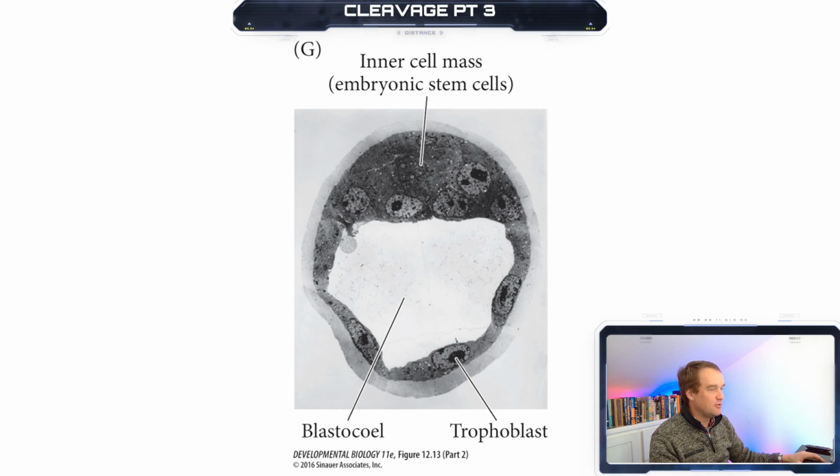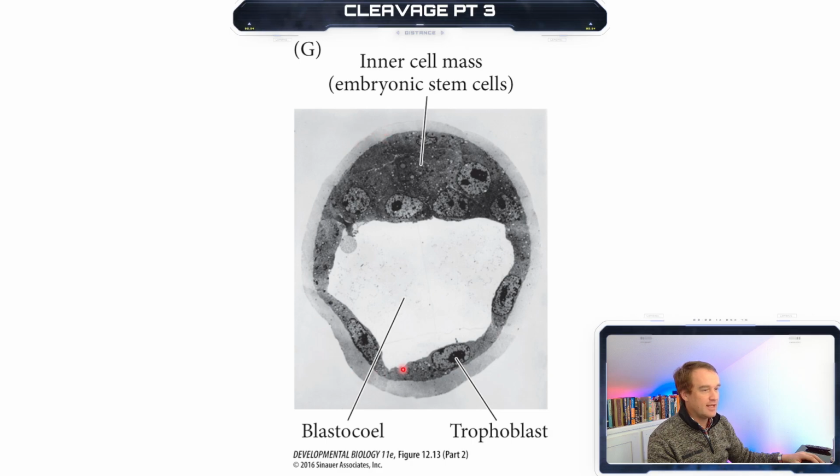And so lastly here we have a blastocyst. This is a small group of inner cells surrounded by a larger group of outer cells. So you have cells along the outside here, and then cells within the inside. The inner cells give rise to the ICM, or inner cell mass, which will eventually give rise to the embryo.